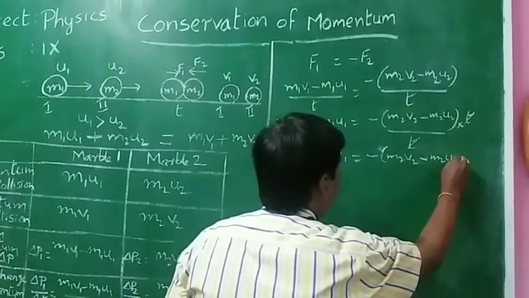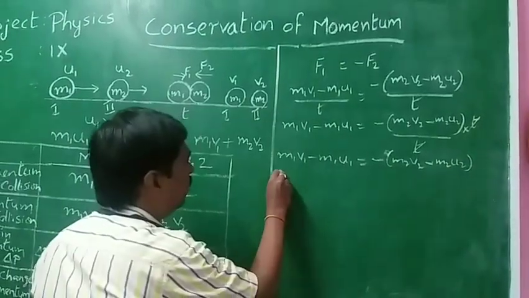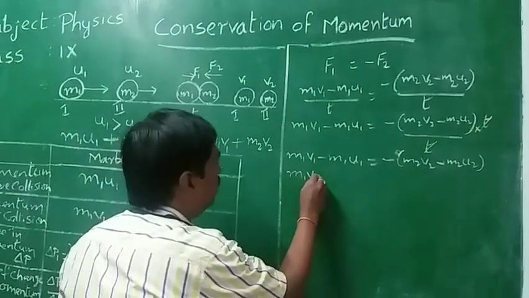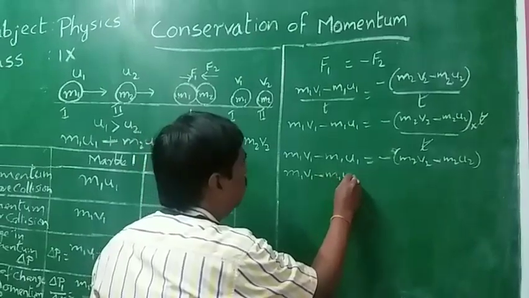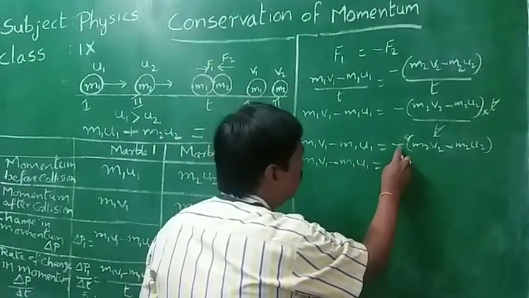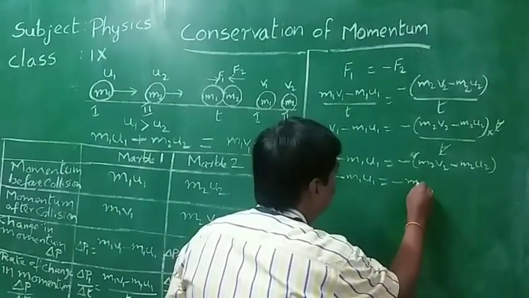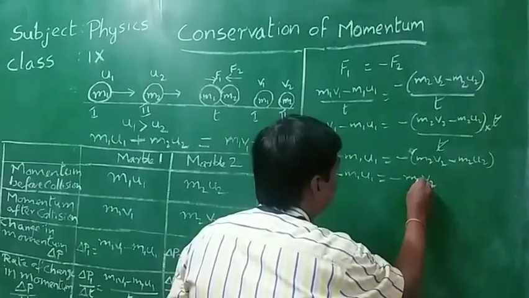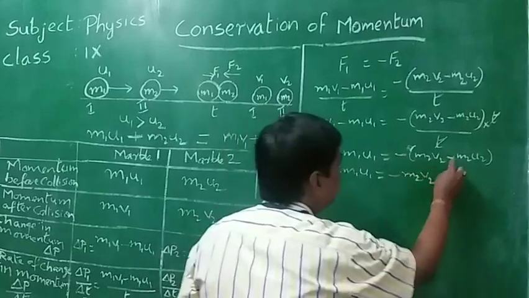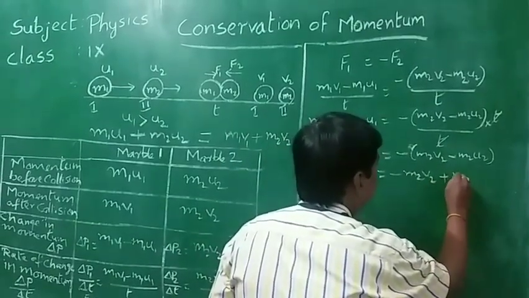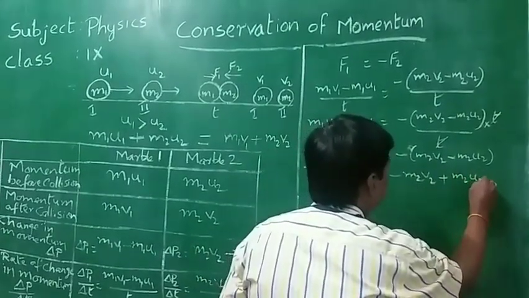In the next step, you get m1 v1 minus m1 u1 is equal to, multiplying the minus inside, minus m2 v2, and minus into minus becomes plus, so you get m2 u2.